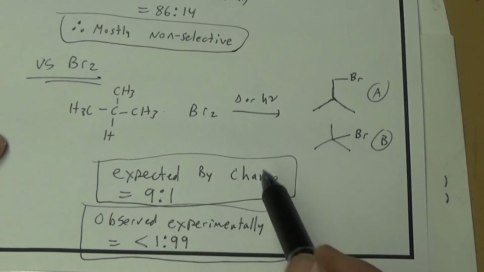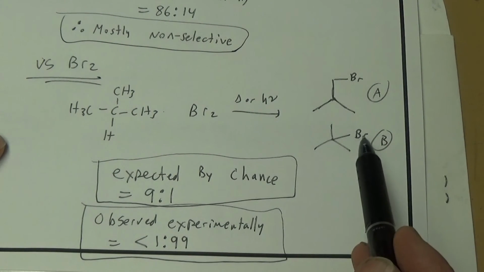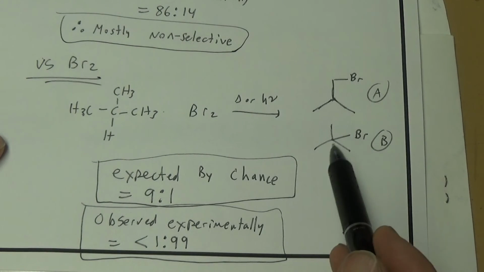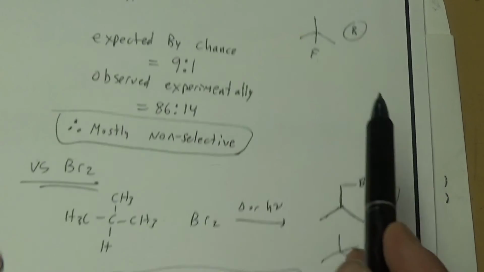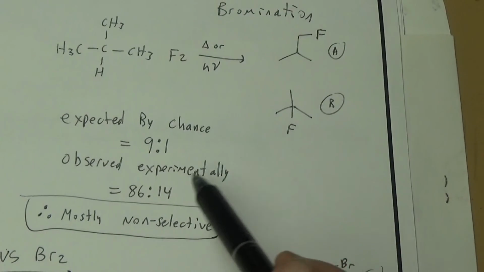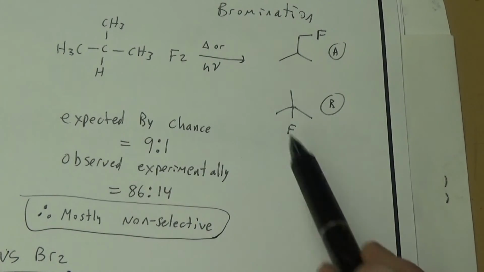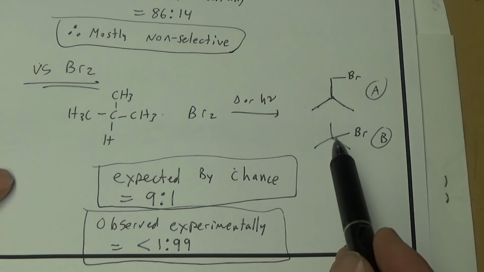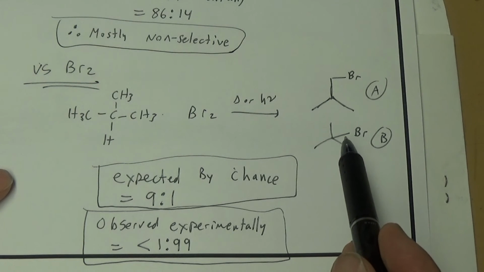What's the explanation for why we'd even get any internal selectivity? It's something about the tertiary radical. We know tertiary radicals are really good, right? It's not a big deal with fluorination because it's so exothermic and kind of explosive. But with bromination, you get roughly 99 to 1 of the internal, the tertiary site bromination.